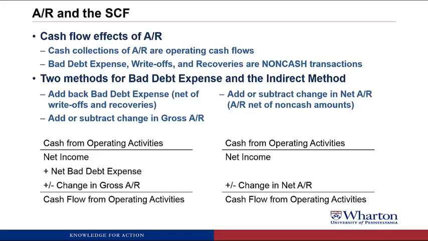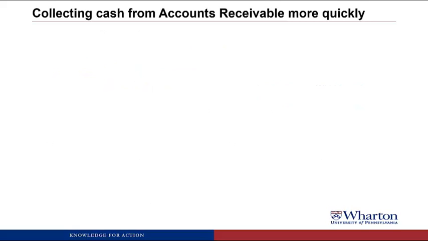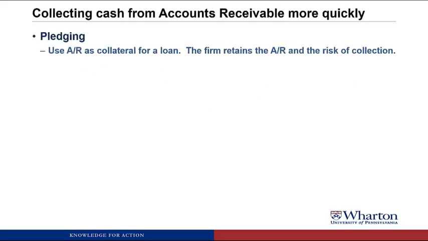Okay, one more big topic I want to talk about before we look at an example of an accounts receivable disclosure, and that is the different methods that companies use to collect cash from their accounts receivable more quickly. One method companies use is pledging their accounts receivable. Instead of waiting until the customers pay you, you could go out and borrow money using the accounts receivable as collateral.